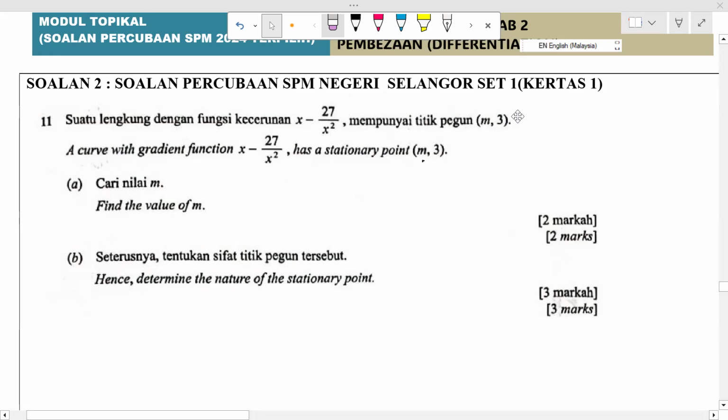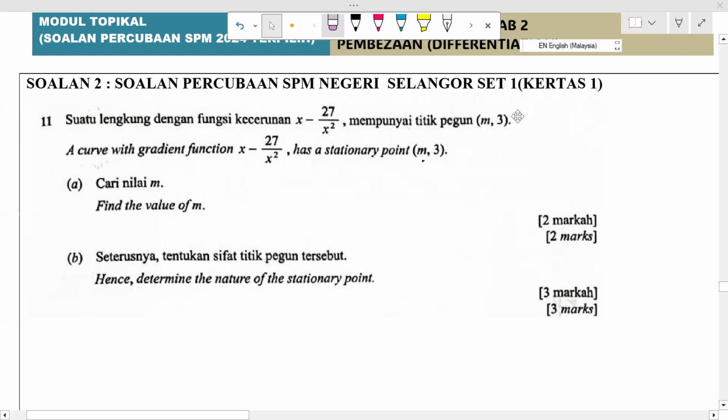Oh, maybe it's my fault. Sorry, I didn't see properly. Find the value of m. A curve with gradient function has a stationary point of this. So find the value of m.